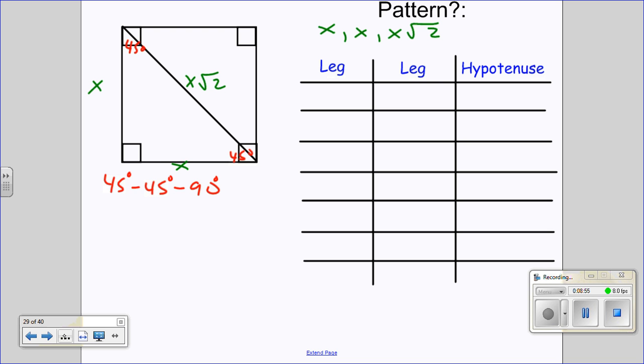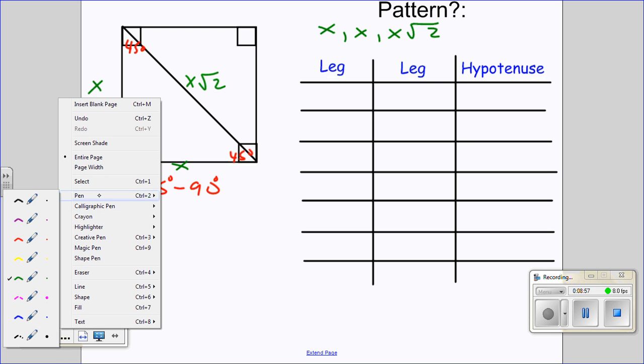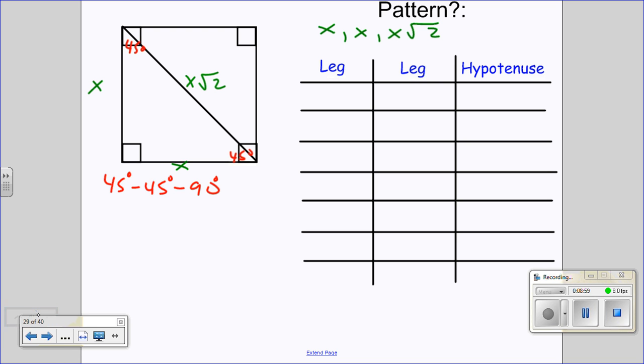So for example, let's say one leg is 1. So let's say x is equal to 1. That means this x is also 1. If I were to use Pythagorean's theorem to figure out the hypotenuse, that would be 1 squared plus 1 squared equals c squared, right?